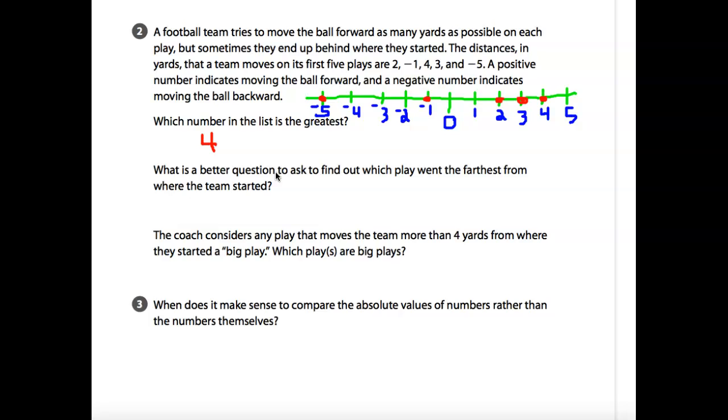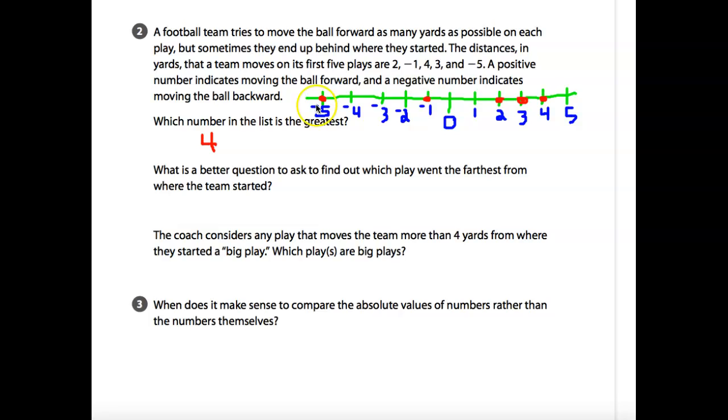Okay, so if the team is starting at 0, they actually went farthest when they went this way. The greatest number that's marked is a 4, but remember, absolute value is just distance, and this is 5 steps from 0.